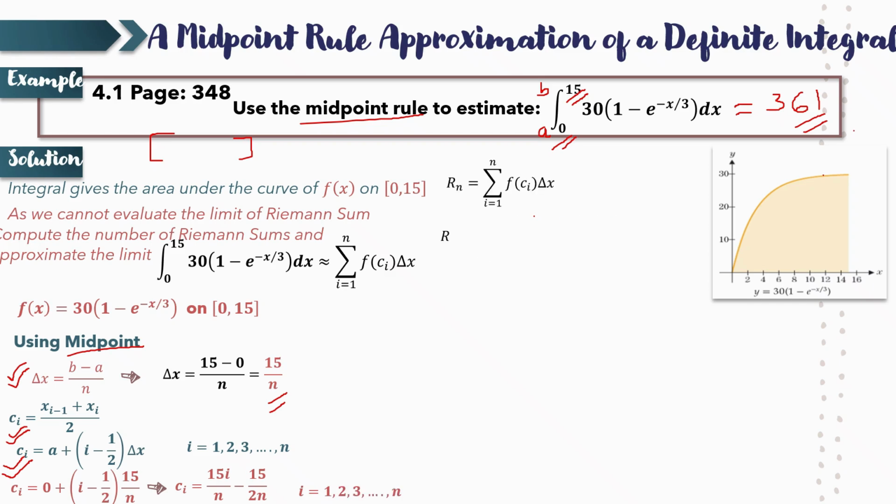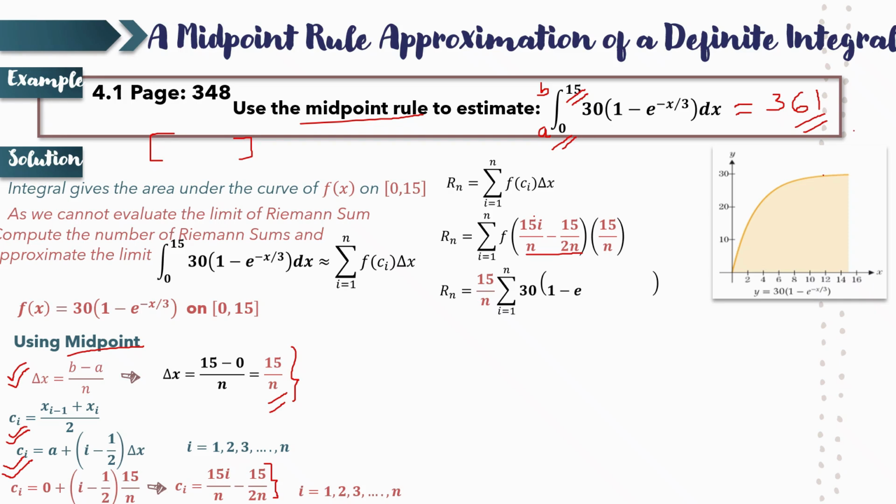So when you proceed further to find sigma f of ci, you substitute the ci you just got and delta x, which you also found. You cannot enter it directly into the sigma notation in the calculator because we don't know what n is, and in a definite integral n is considered a large number. So you are supposed to use the limit n approaching infinity technique.